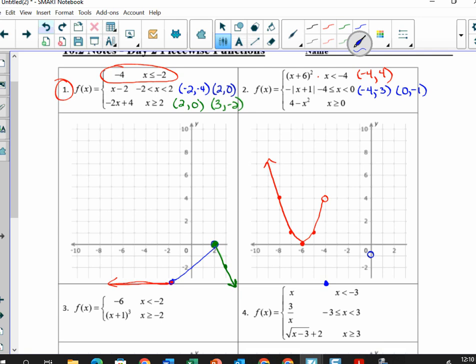What does an absolute value graph look like? A V. And then look at this. What transformations have happened to that graph? Yep. So do we agree that the vertex is over here at -1? Okay. And then it's upside down. So that's the only part of the absolute value graph that I get to graph.